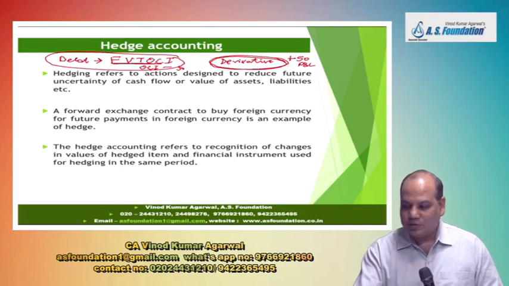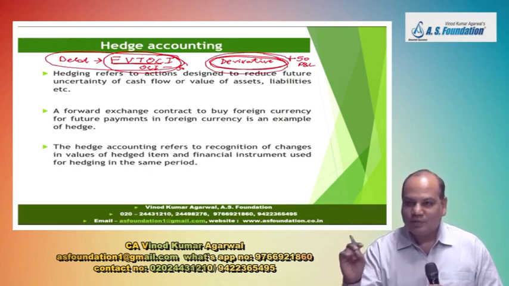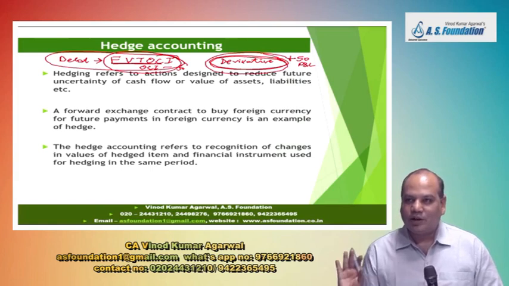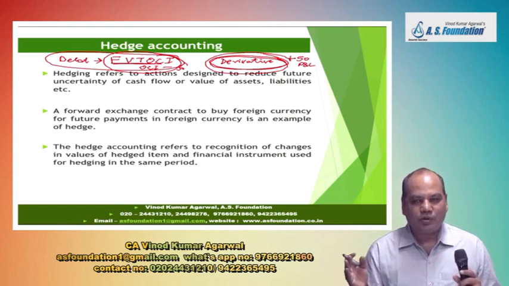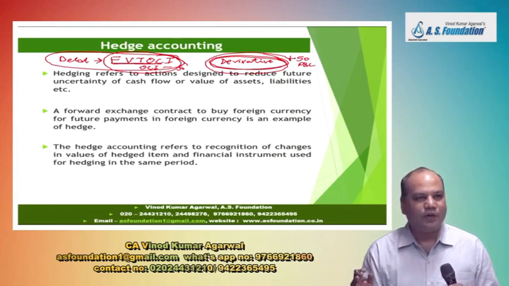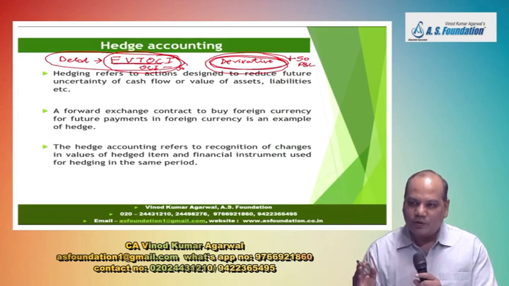So do one thing: either you change the accounting of the FVT OCI instrument or you change the accounting of the derivative. Either both should go to P&L account or both should go to OCI. That is hedge accounting. The idea of hedge accounting is to avoid unnecessary fluctuation in the profit and loss account.